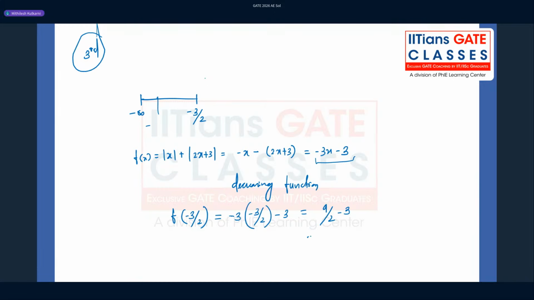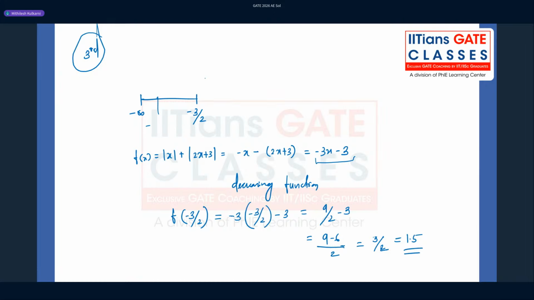If you solve this, what you will get is 9 minus 6 by 2. Right? 3 by 2. So 3 by 2, and again it is 1.5.